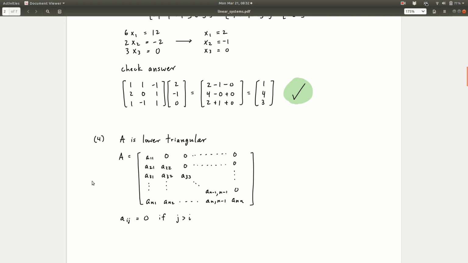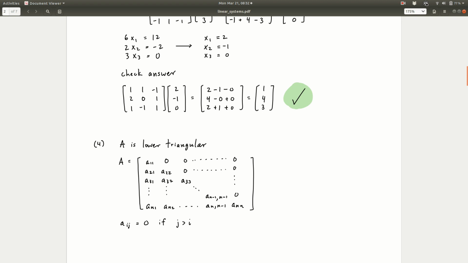Now in mathematical notation, what lower triangular means is that coefficient a_ij equals 0 if j is greater than i. So let's look at an example. If we're looking at a_13, that is this entry here, 3 is bigger than 1, so therefore this has to be 0 in a lower triangular matrix. So that's just what it means in picture and in mathematical notation form.